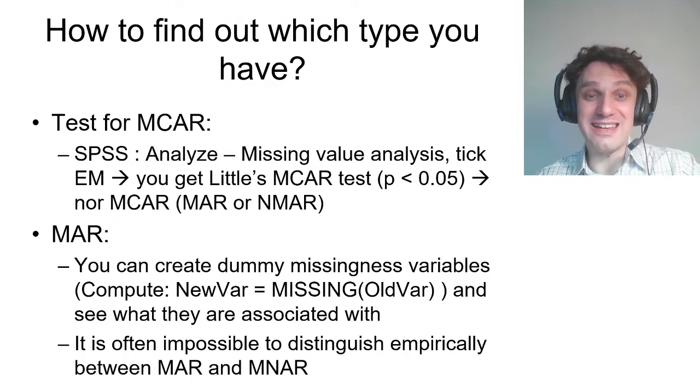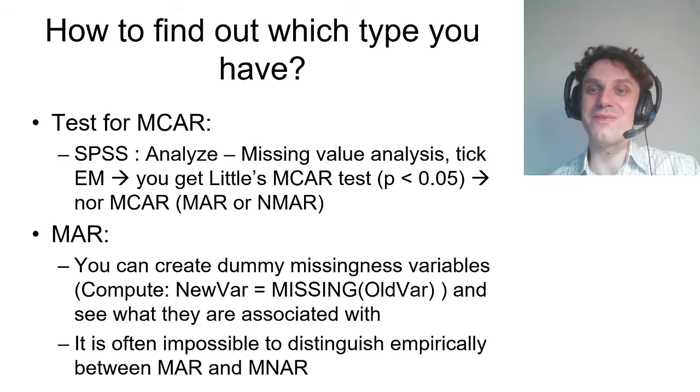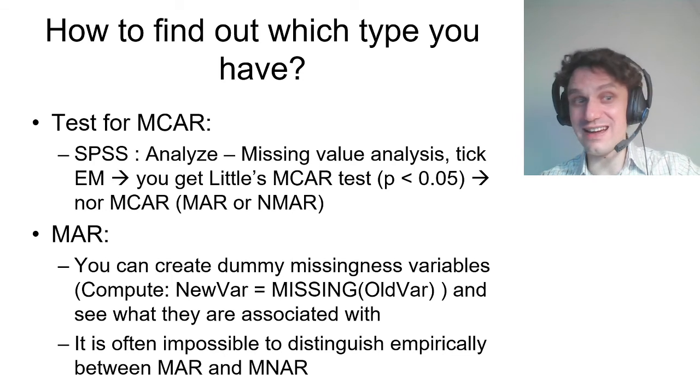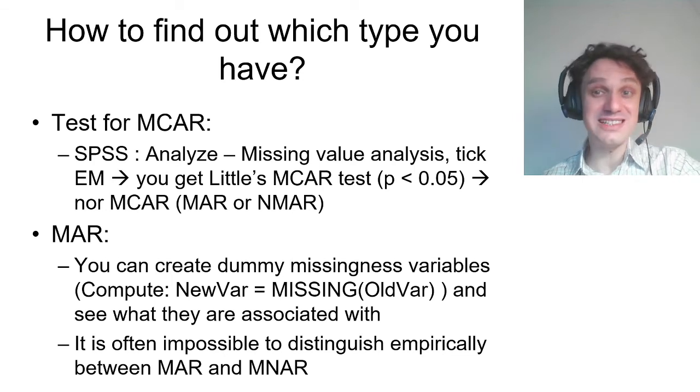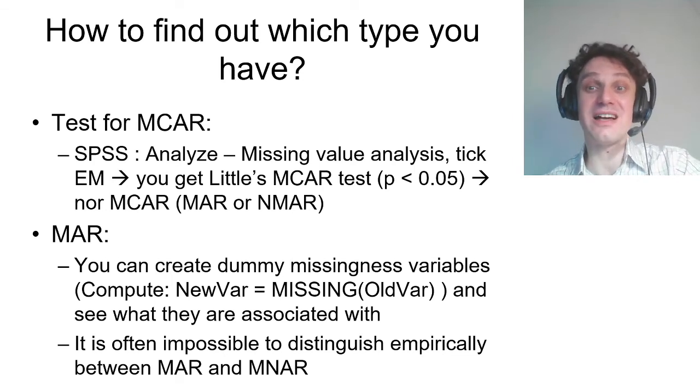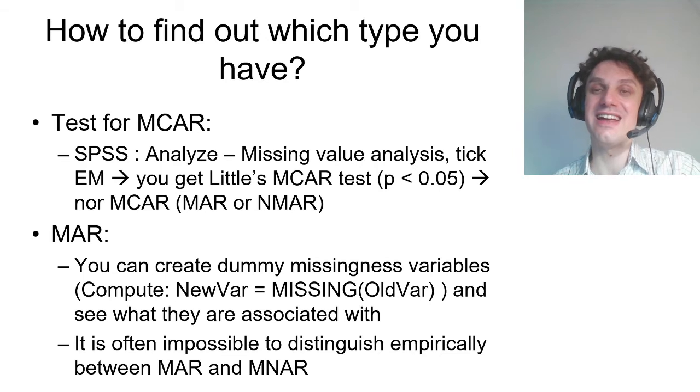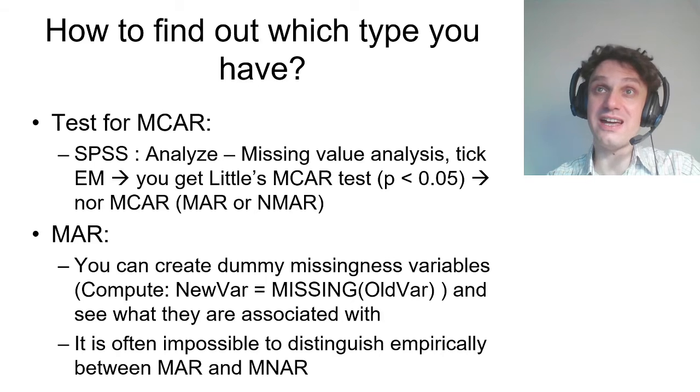So that's why, when you conduct your missing data analysis, you typically start by figuring out what type of missingness you have. In order to answer this question, you can think of the reasons why some answers are missing in your questionnaire. And if you expect that these answers are missing completely at random, you can test this statistically.